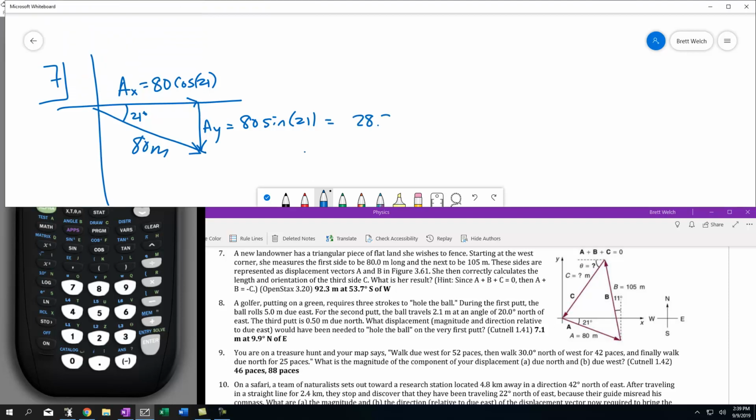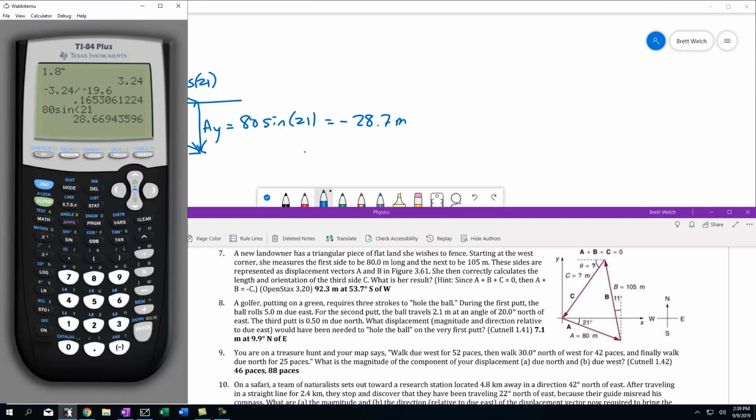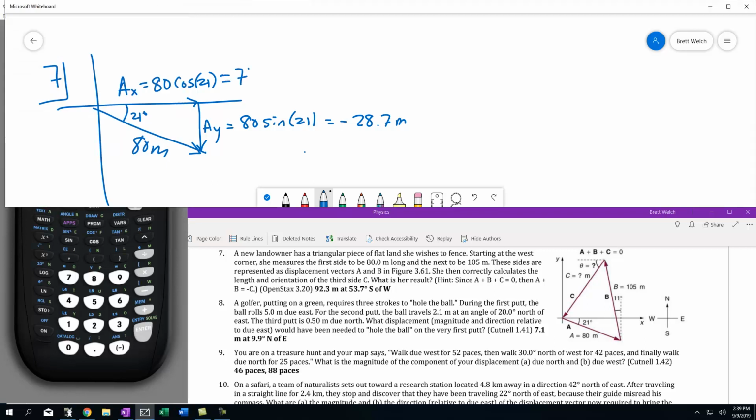Important to note is that this is a downward measurement for the y, so that's actually a negative 28.7. And if we do the same calculation with cosine of 21, we get 74.7. Okay, so that's AX and AY.